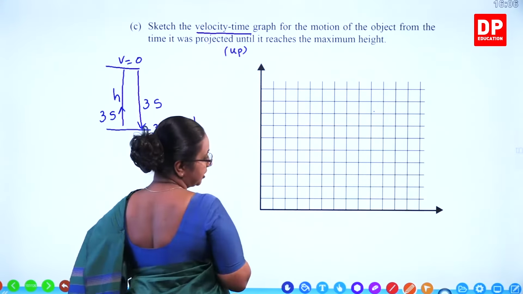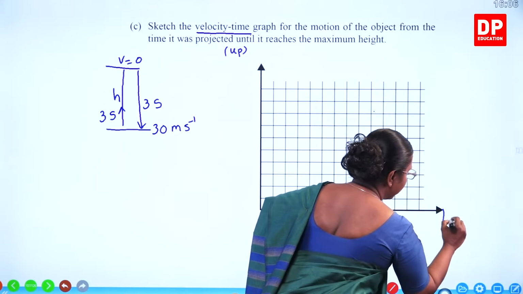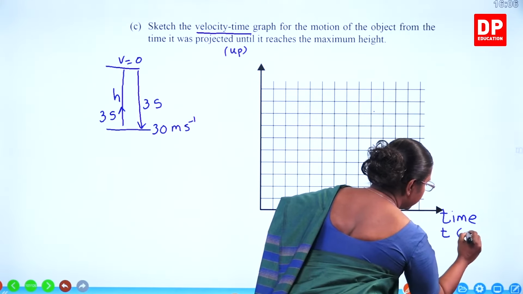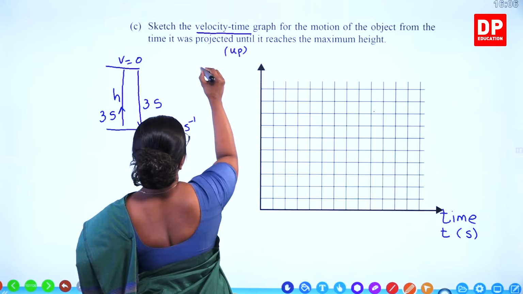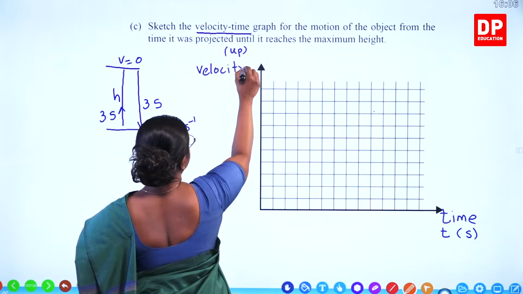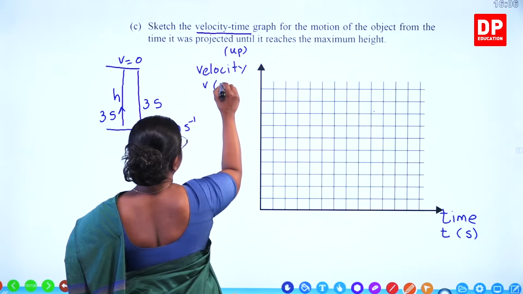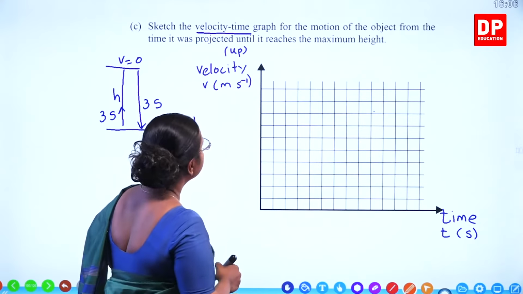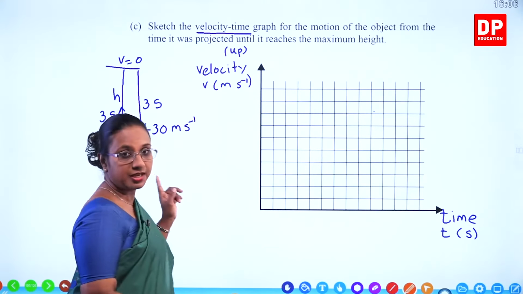I will label the axes first: time, t, seconds, and on this side velocity, v, meter per second, the unit. And here, if you need, you can check it again.